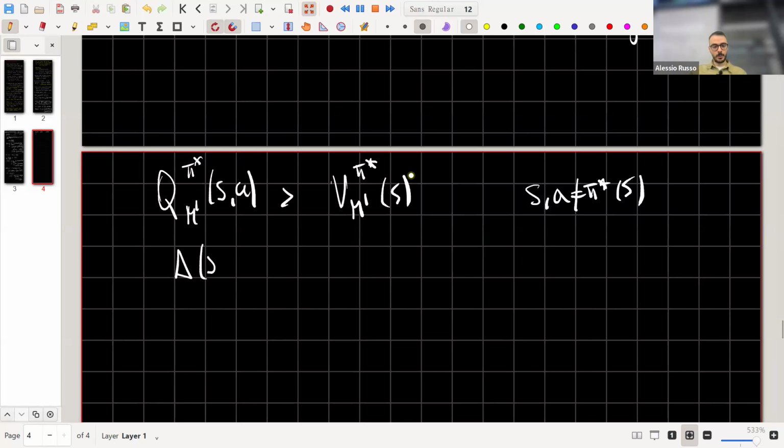If you remember, the suboptimality gaps in the original MDP are defined in this way. It's the difference between the value of the optimal policy in S and the value of action A in state S, always in the original MDP.